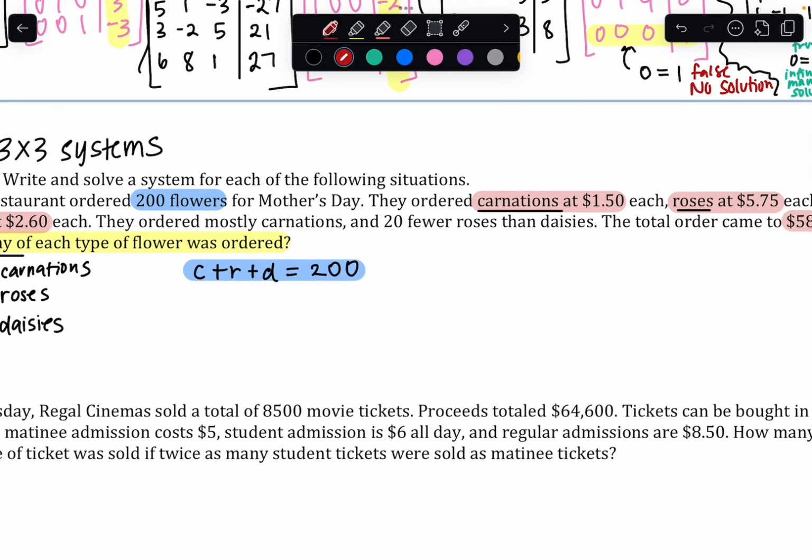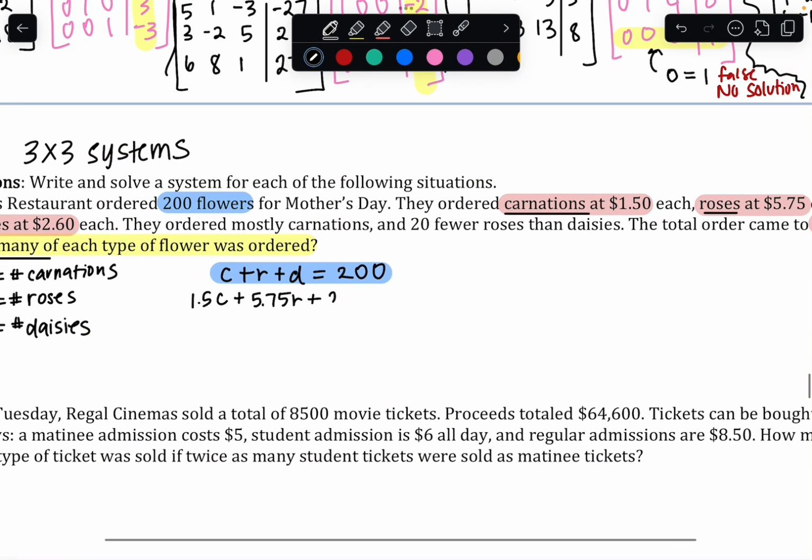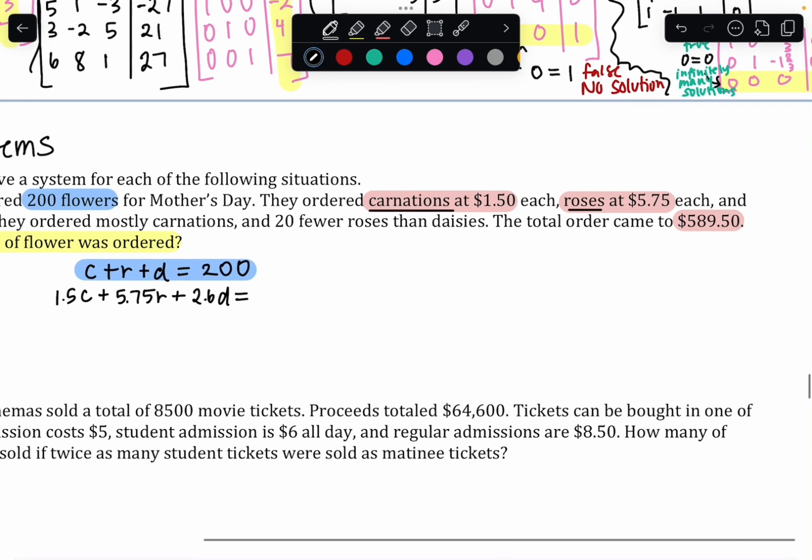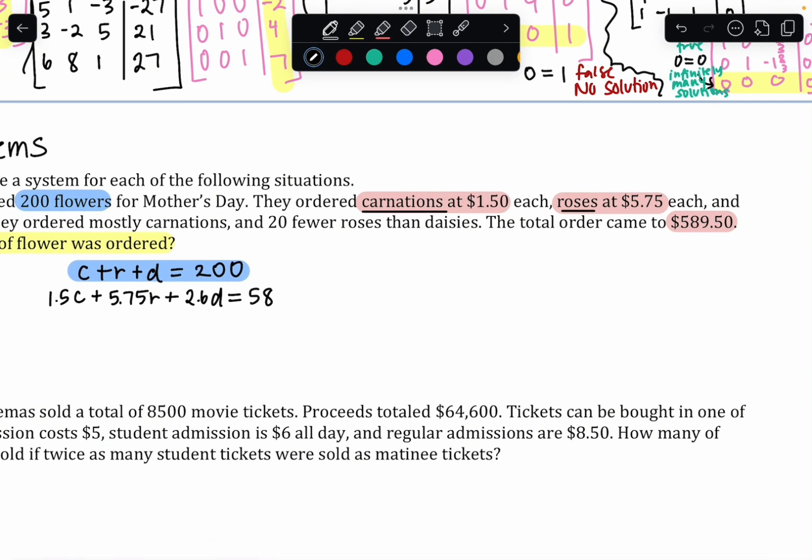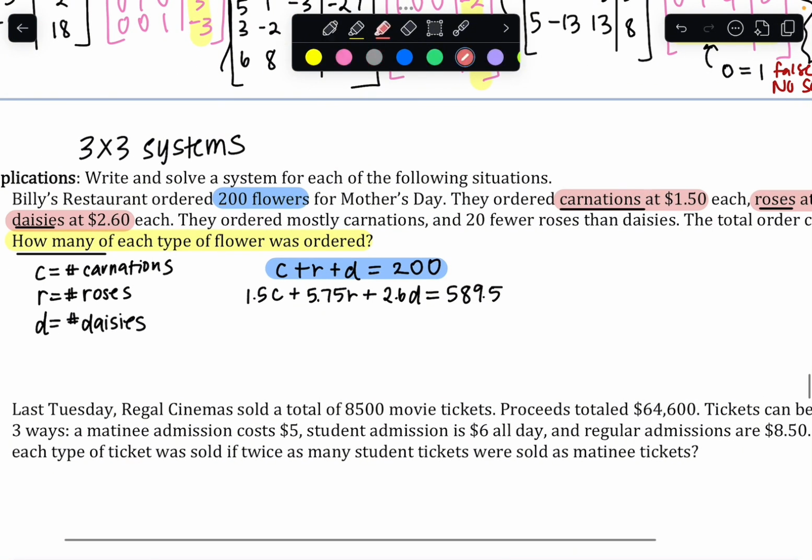Carnations were $150, so I would have 150, or you can just do 1.5 C, plus roses were $5.75, so 5.75 R, plus daisies are $2.60, so 2.6 D. Add all that up, you get the total of $589.50, or just 589.5. Okay, and so that's our second equation.